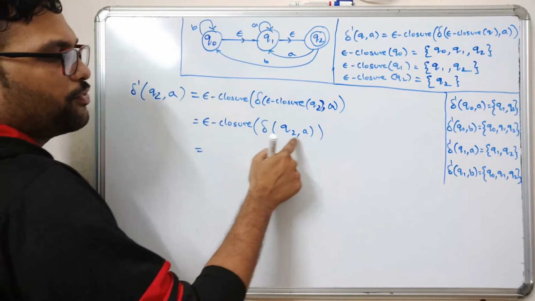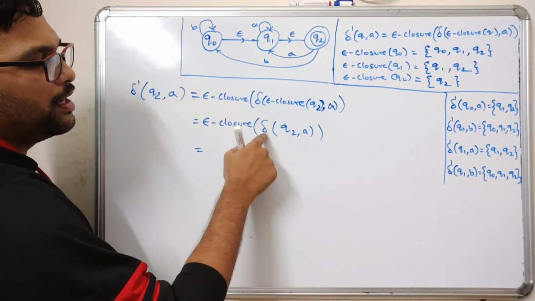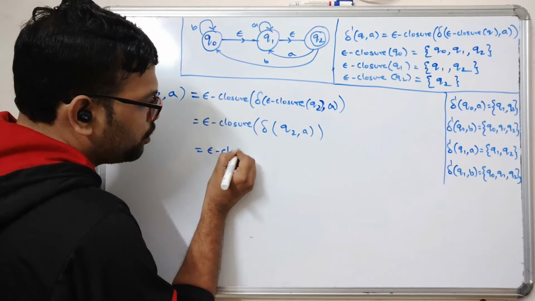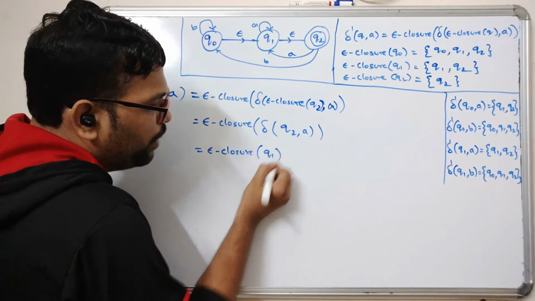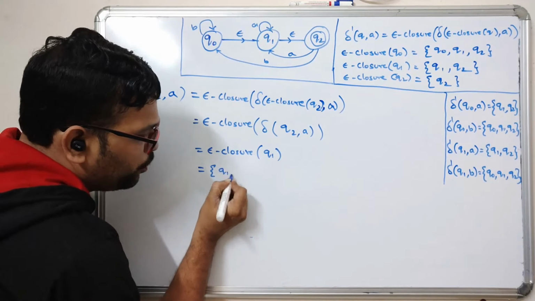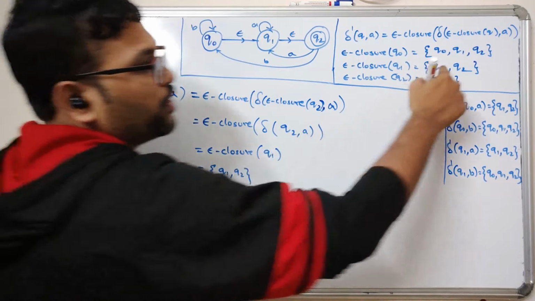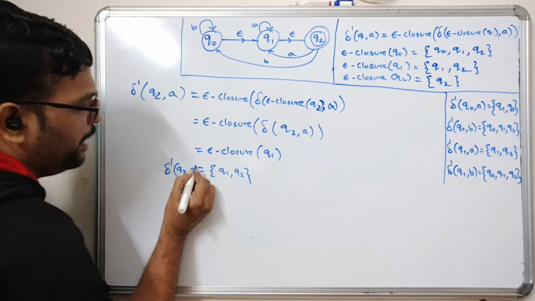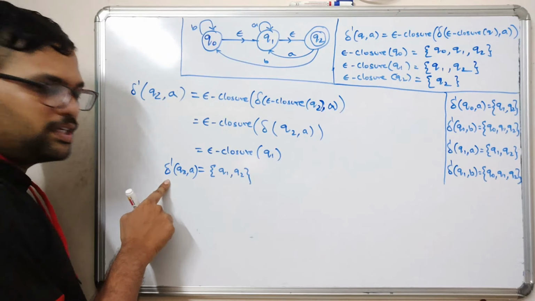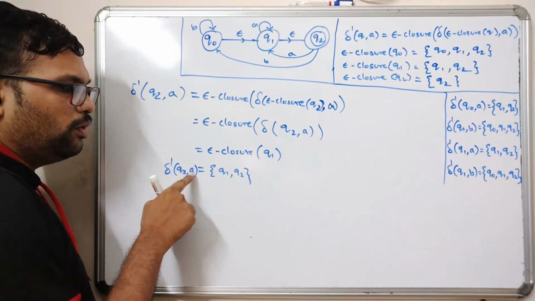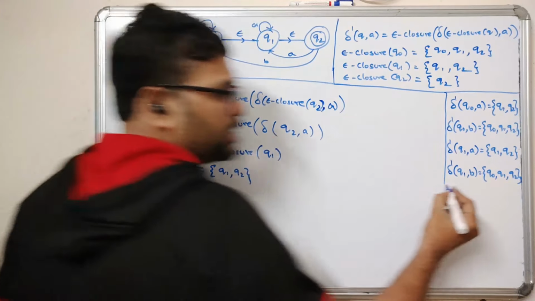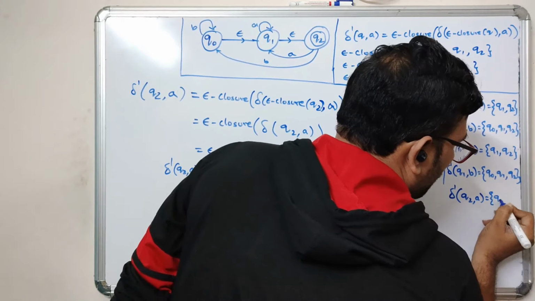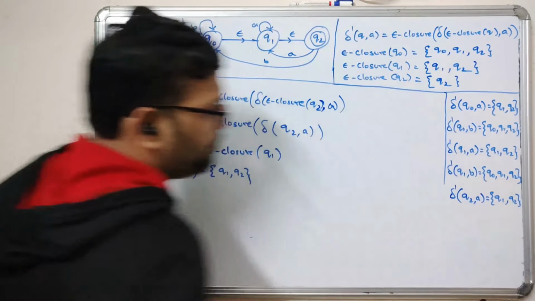So epsilon closure of delta of Q2 comma A, it is Q1. So epsilon closure of Q1, the states will be Q1 comma Q2, because the epsilon closure of Q1 is Q1 Q2. So the transition function of state Q2 over the input symbol A is Q1 and Q2. Just note down here: Q2 on A is equal to Q1 Q2.